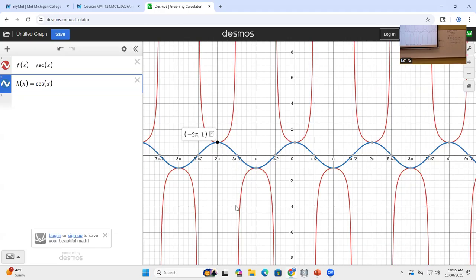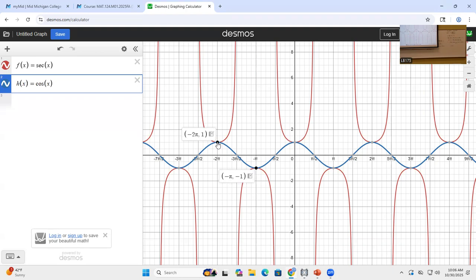And the highest points of the U-shapes pointing down are going to happen at the low point of cosine, where the cosine is -1. And at those places, notice the output of 1 has reciprocal of 1.